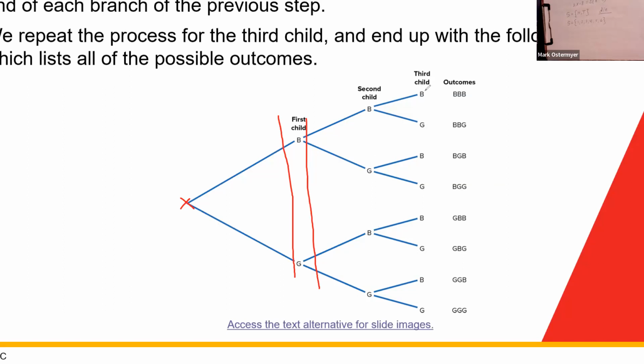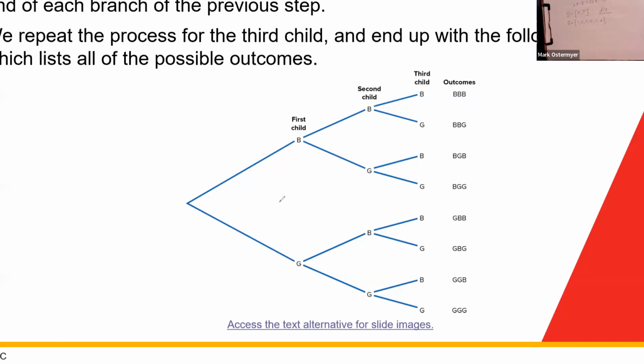And then for the third child, we could have a boy or a girl from the previous second child. If you follow the branches of this tree, you can enumerate all the possible outcomes of a couple having 3 children.